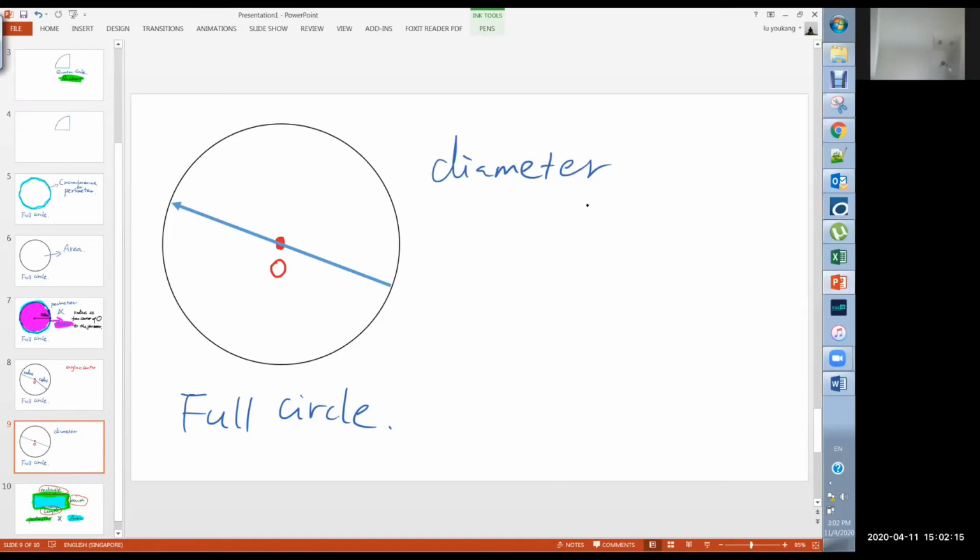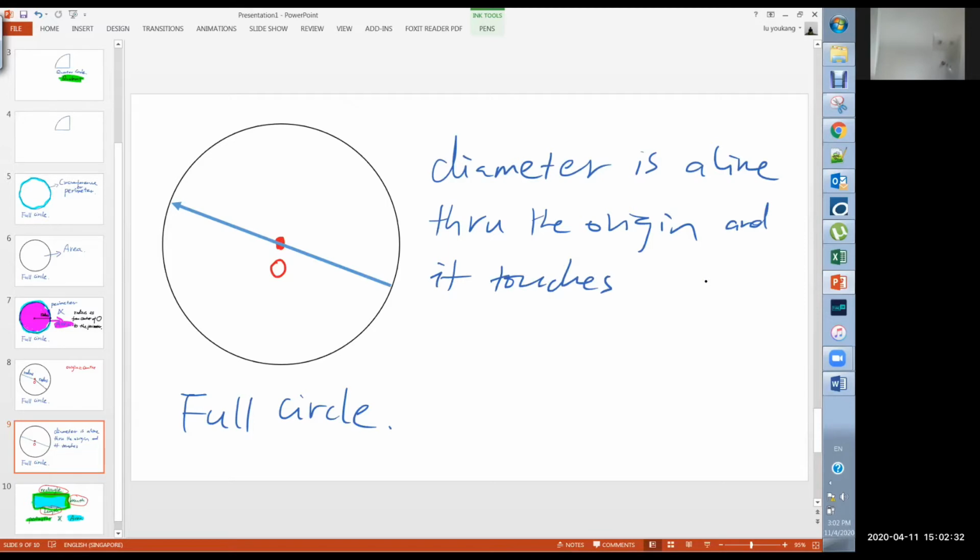What's the definition of diameter? Diameter is a line through the origin and it touches the perimeter at both ends.